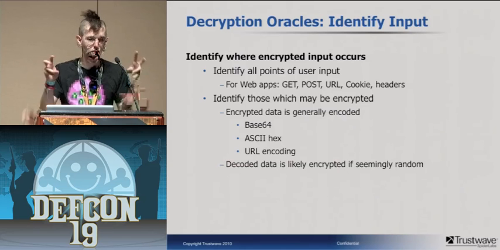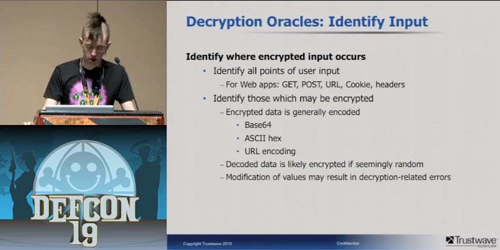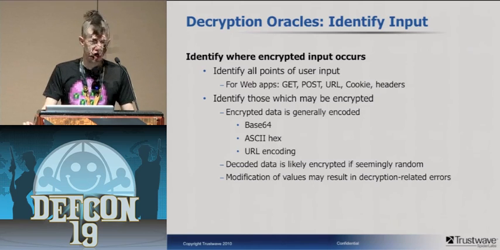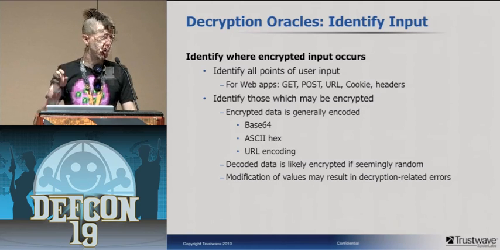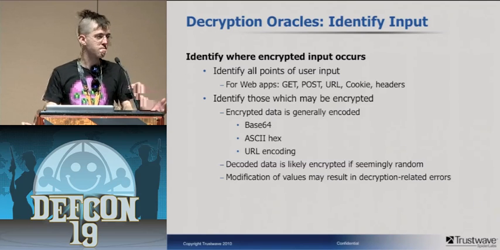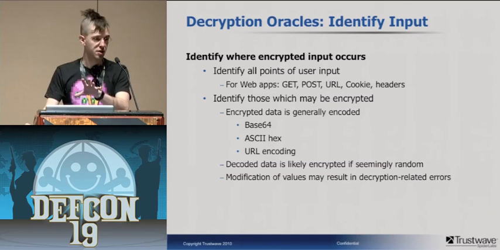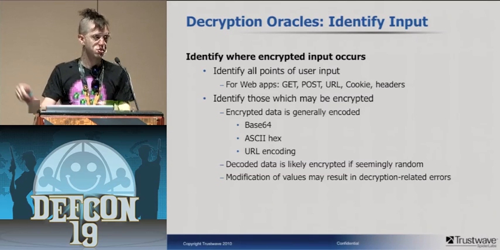So when we're looking for decryption oracles, we're going to look for ciphertext being passed in as some sort of input. So you're going to want to look for all points of user input: GET, POST, URL, anything in the cookie field or in HTTP headers, which is a little bit rare but can happen. And then identify those which might be encrypted.